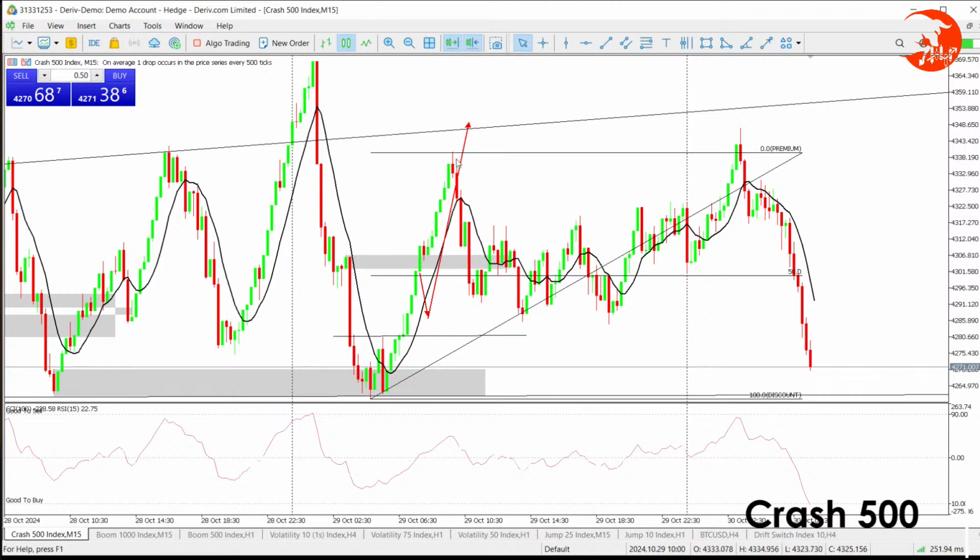But price first went up there, then later on came down. It activated my buy limits on that level there. Those were the two buy limits.